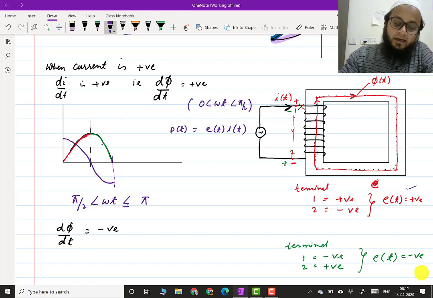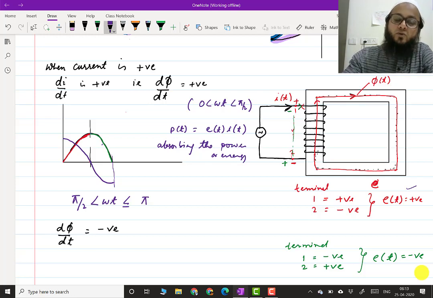That means at the plus terminal the current is actually entering. During this condition terminal 1 is positive, terminal 2 is negative, and current is entering into the positive terminal. So this system is actually absorbing the power or energy.